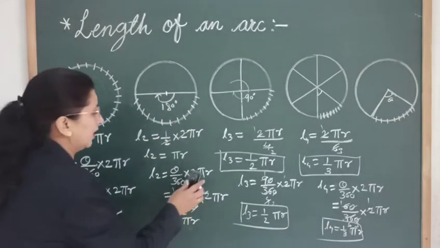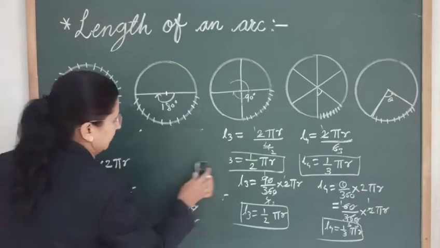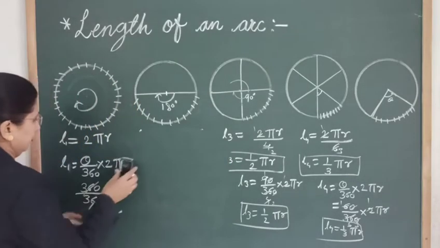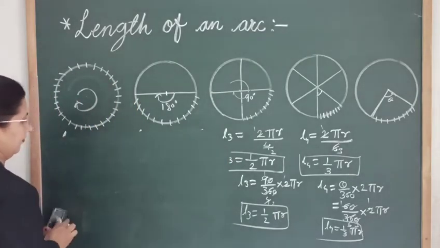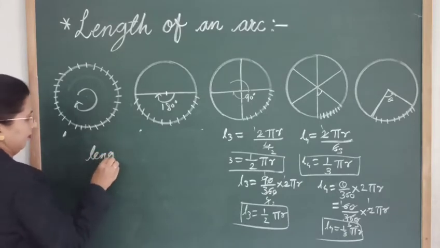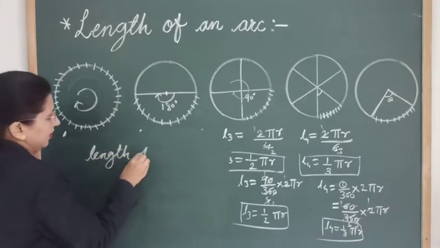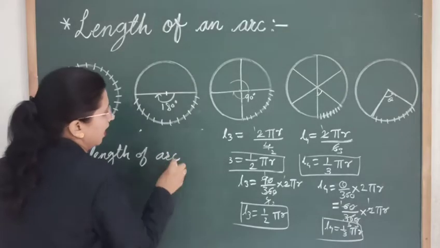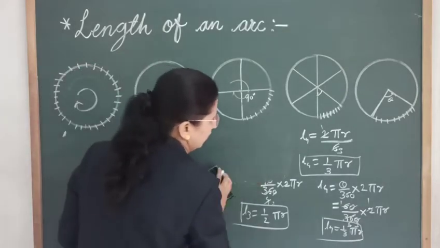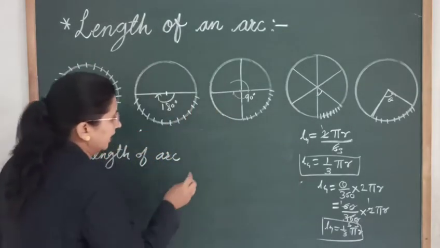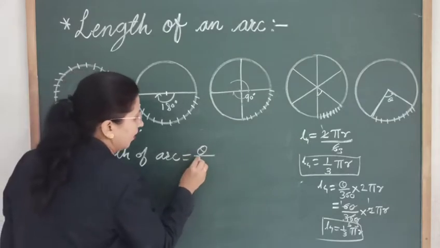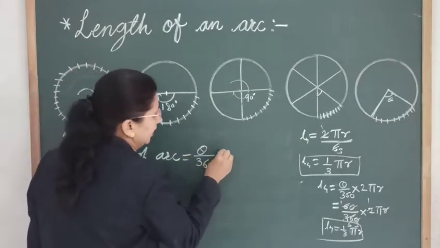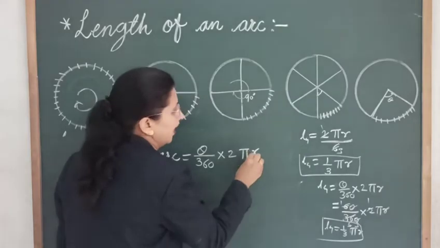Let's write down the formula. Length of arc is equal to, so what formula did we get here? Theta upon 360 into 2 pi r.